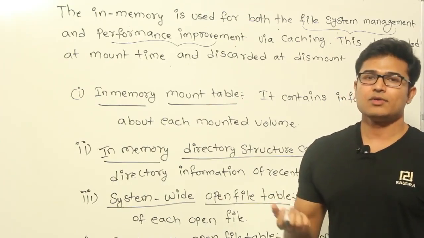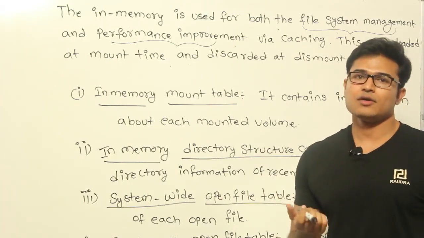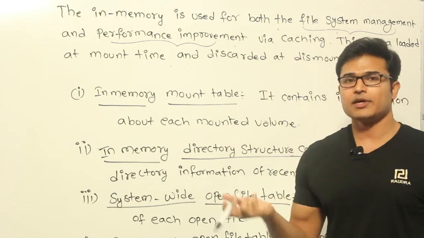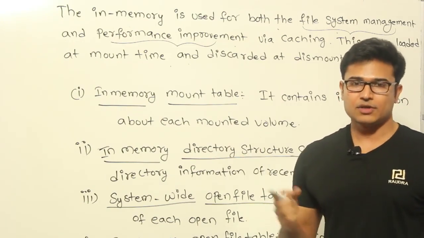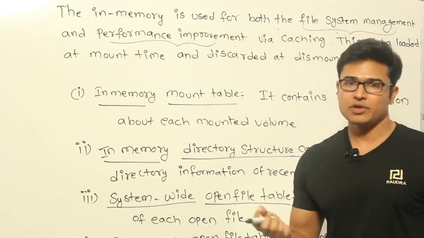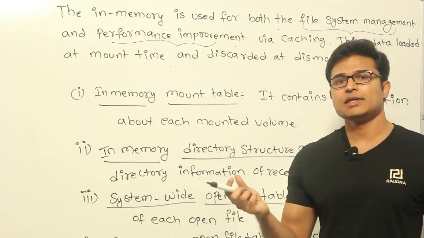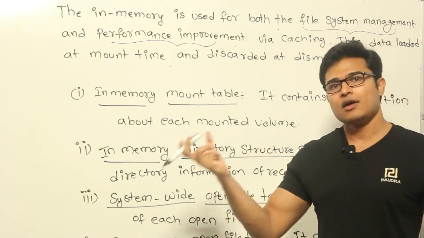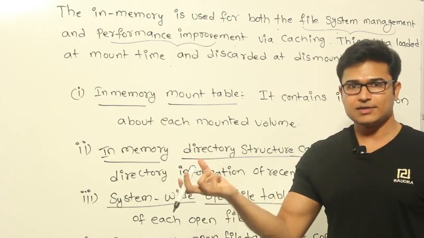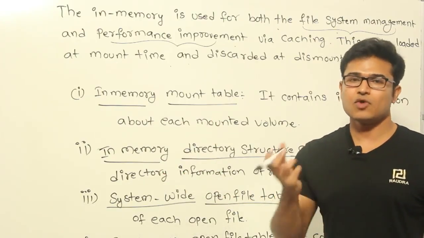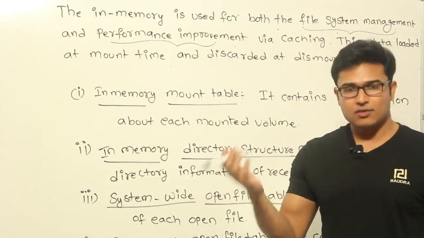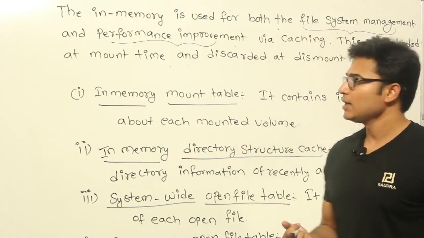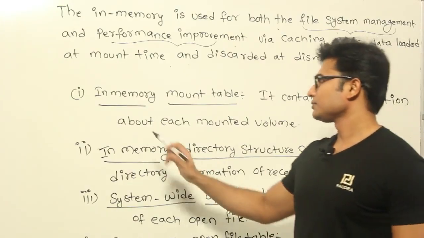Whenever you connect a new hard disk or a new partition or a new volume, even a pen drive, if you connect it to the computer, it is called mounting. And whenever you mount anything like that, you have to get all the information which is present in that particular device into the main memory. So what information do you need? What are the files present in it, what is the directory structure, all such information, right? Now let's see what we get here.